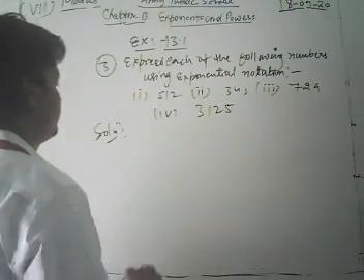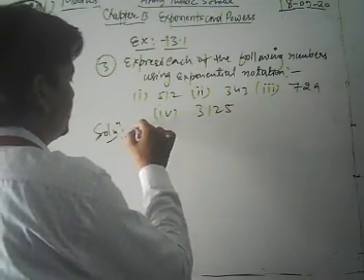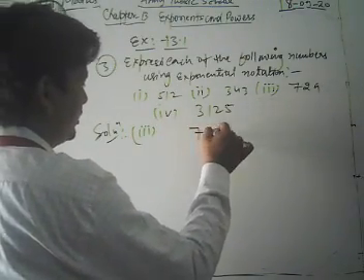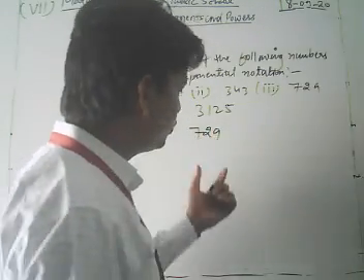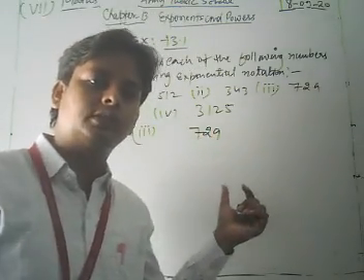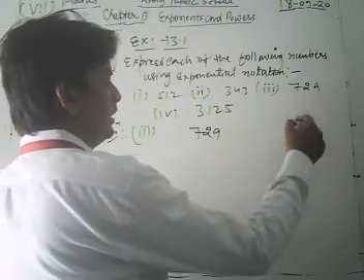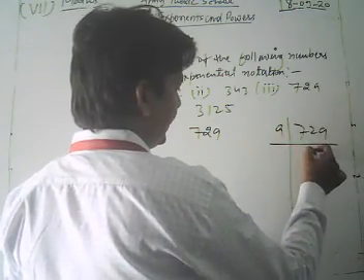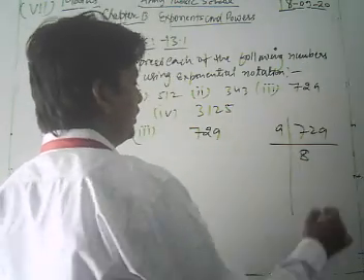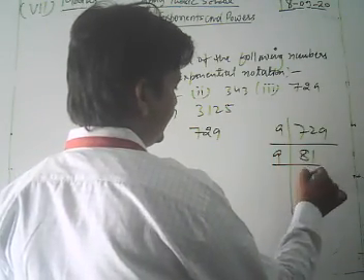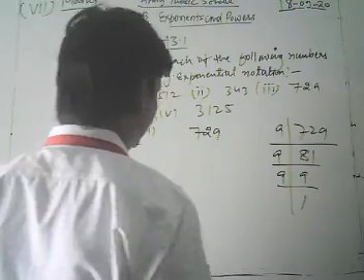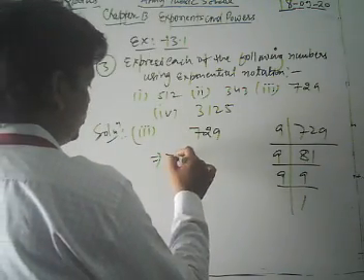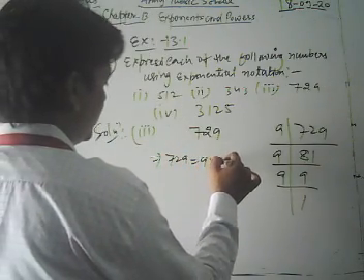Similarly, we take and solve the next part of this question, which is 729. Again, dear student, we do prime factorization of the number 729. By 9, 9 8s are 72, 9 1s are 9. So we write 729 is equal to 9 into 9 into 9.